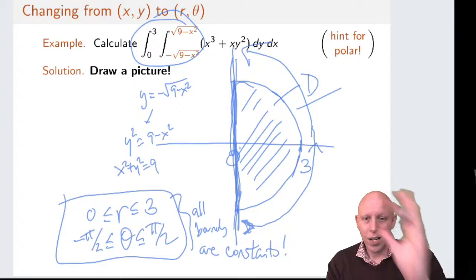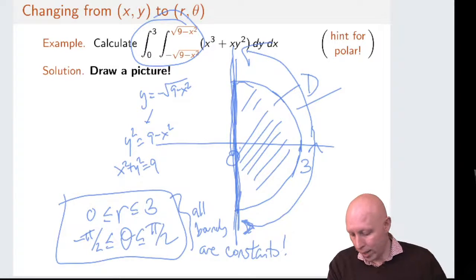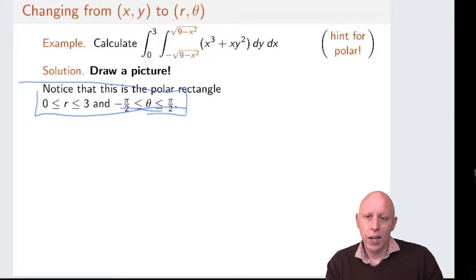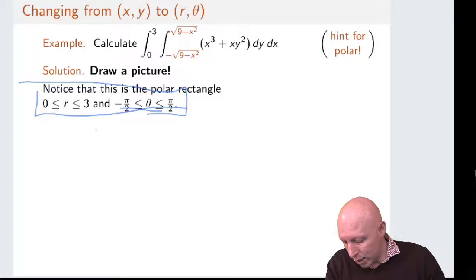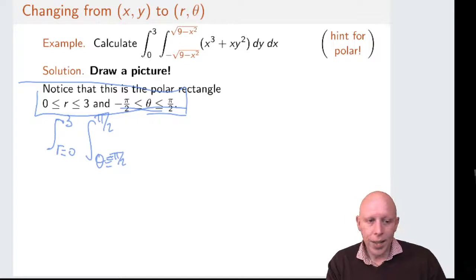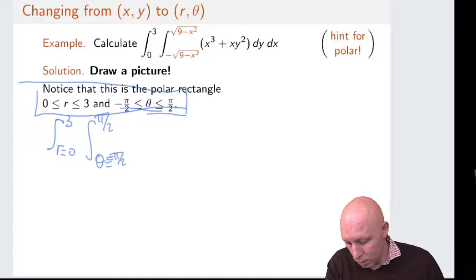Okay, let's now take our integral and rewrite it. So what I had on the previous slide, I'm putting it here. And what we want to do now is integrate this where r goes from 0 to 3, theta goes from negative pi over 2 to pi over 2. And then what's this function now? We have to be careful about two things.